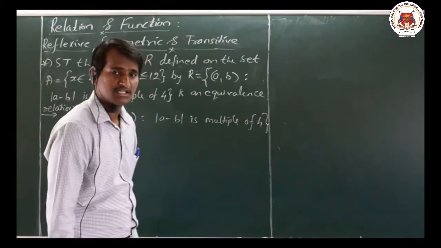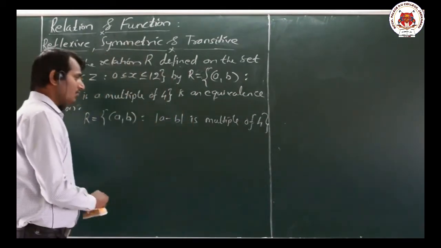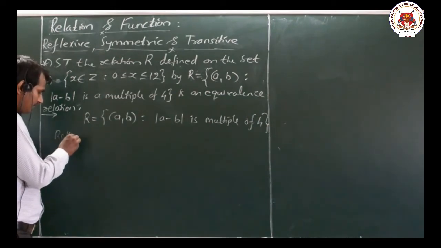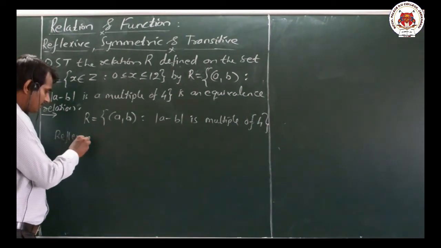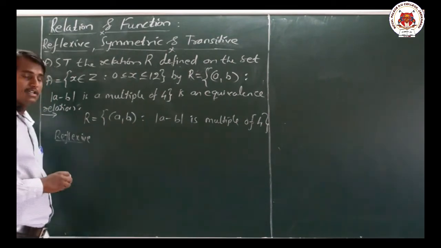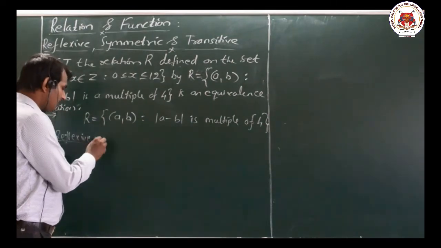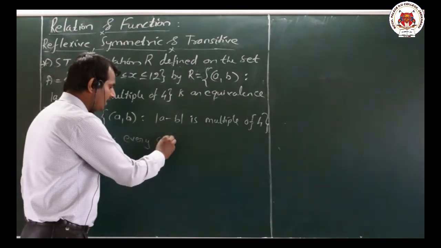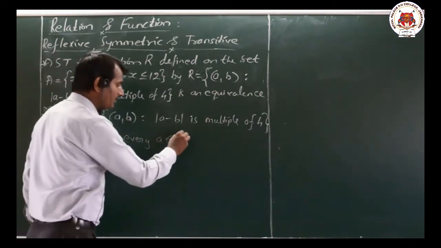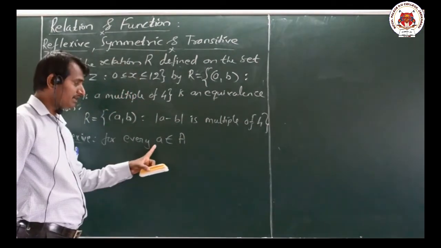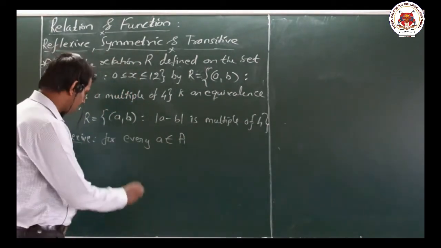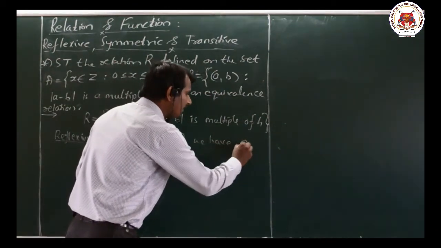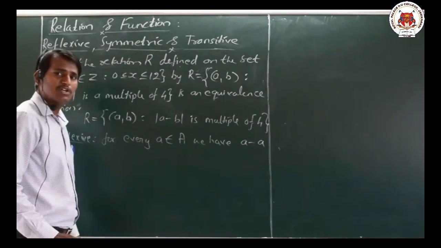Okay dear friends, now let us begin with the problem. The first one is reflexive relation. Now what do you mean by reflexive here? For every a belongs to the set A, we have a minus a, what is the value? 0 only.